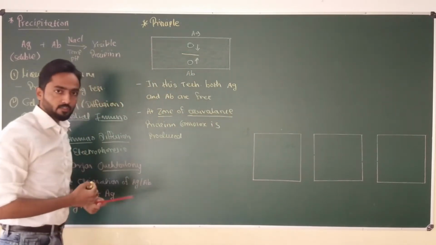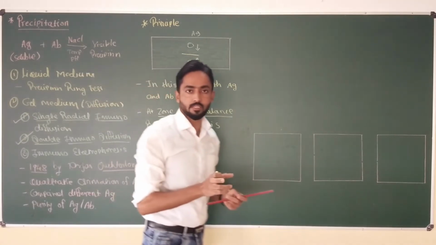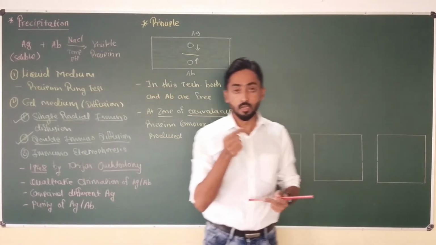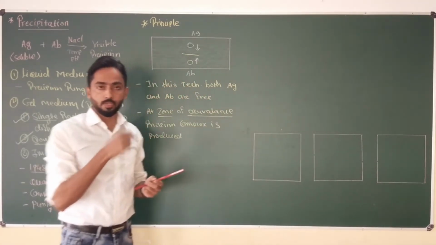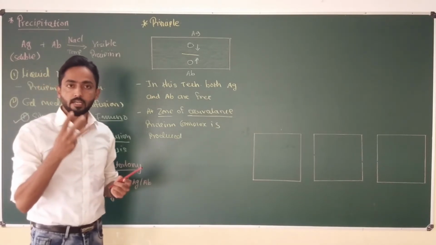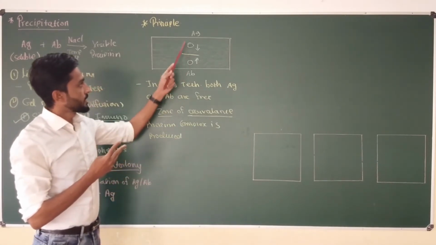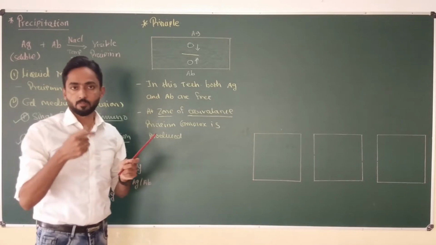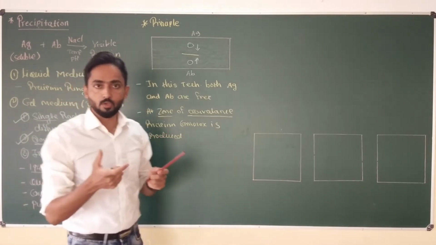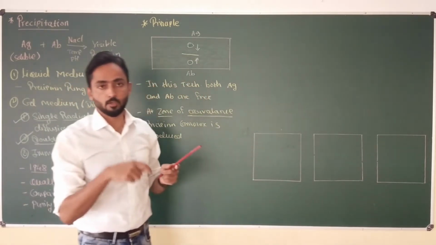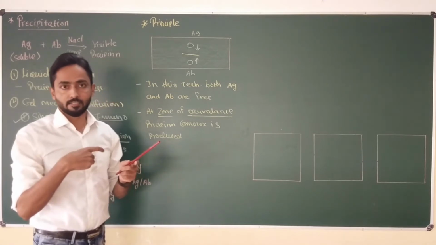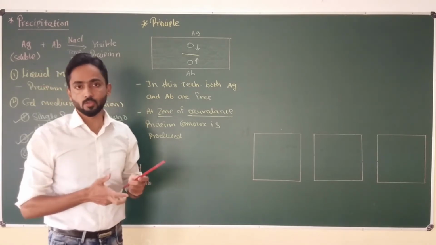In my last video on precipitation, I discussed in detail the principle of precipitation, in which we found that there are three different zones when antigen and antibody move towards one another. Number one is the pre-zone, in which antibody is in excess, while in the post-zone, antigen is in excess. In both these cases, the precipitation reaction does not occur.